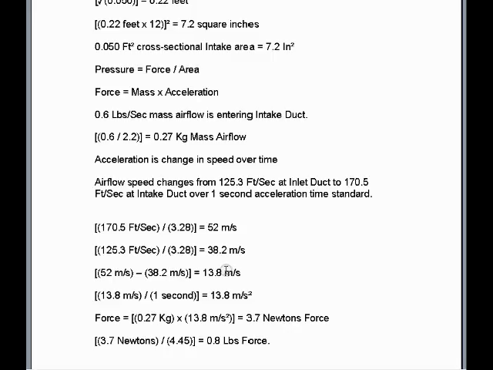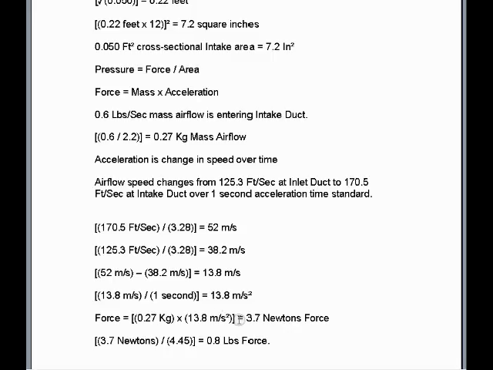Since that speed change is happening over 1 second time standard of acceleration, the change in speed of 13.8 meters per second divided by 1 second will equal an acceleration of 13.8 meters per second squared. So now we can calculate the actual additional force that will exert against the fan disc area by taking the mass of 0.27 kilograms of mass air times 13.8 meters per second squared.